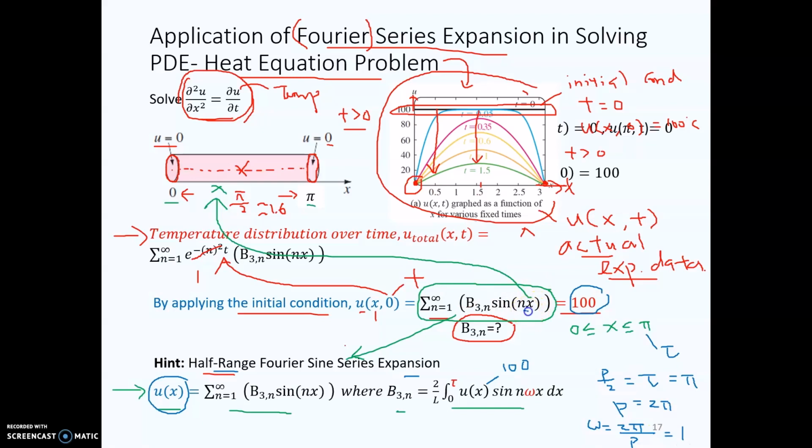Therefore, in the n omega x formula, you have your omega equal to 1 here. Therefore, the omega here can be substituted by 1. And then L here is the half period. So 1 period is 2 pi, half period L will be the period divided by 2. Therefore, it is equal to pi.